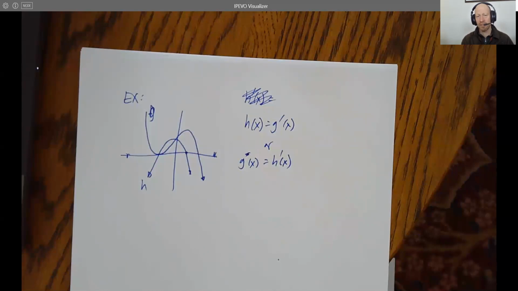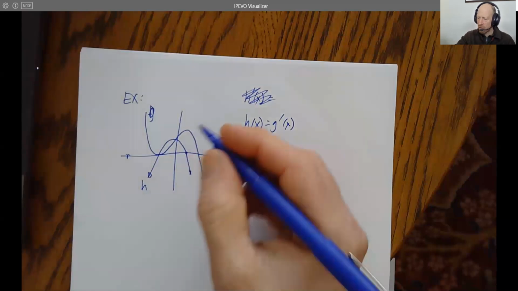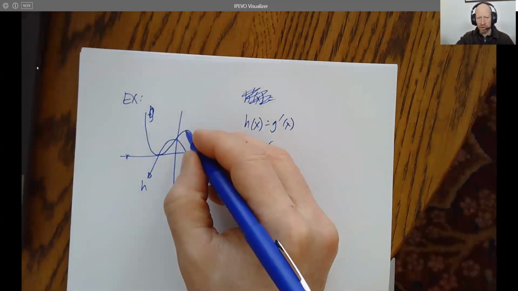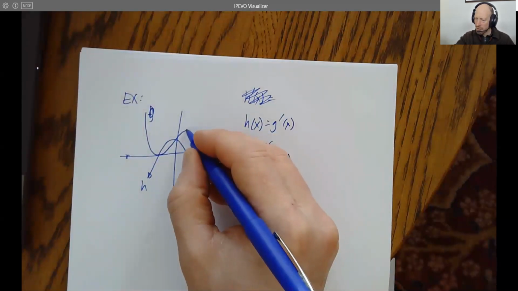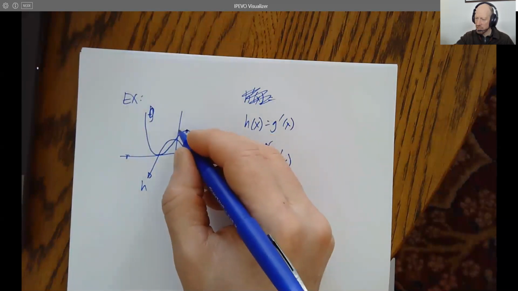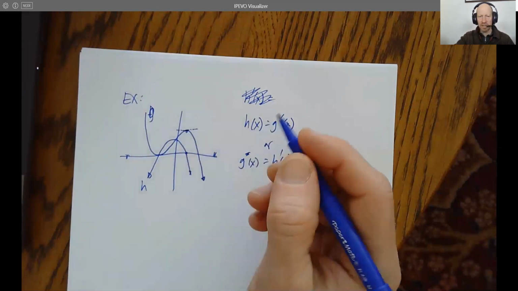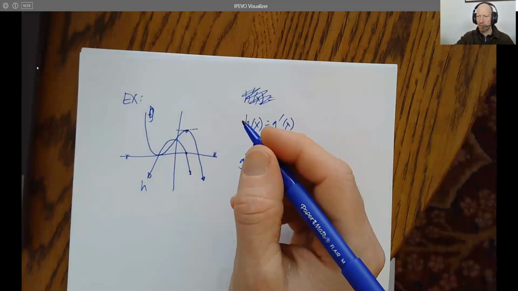So when I look at these graphs, what I'm looking for is some sort of easy points to try and figure out how things are matching up. And the easiest slopes to find are the slopes where it is horizontal. So when I look right here on this function g, I see that its slope is horizontal.